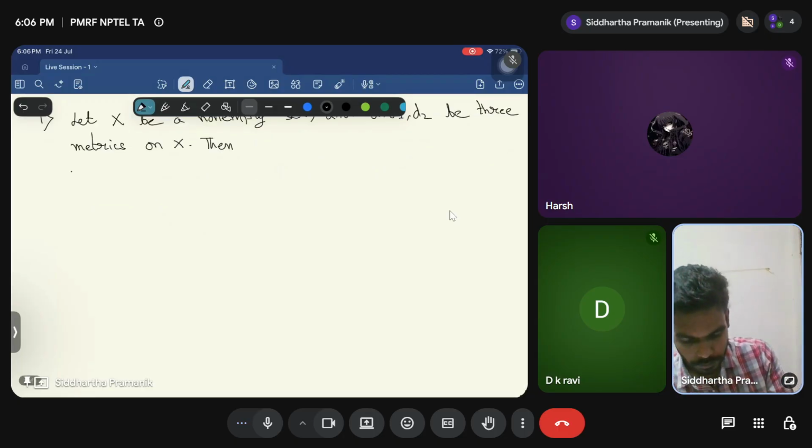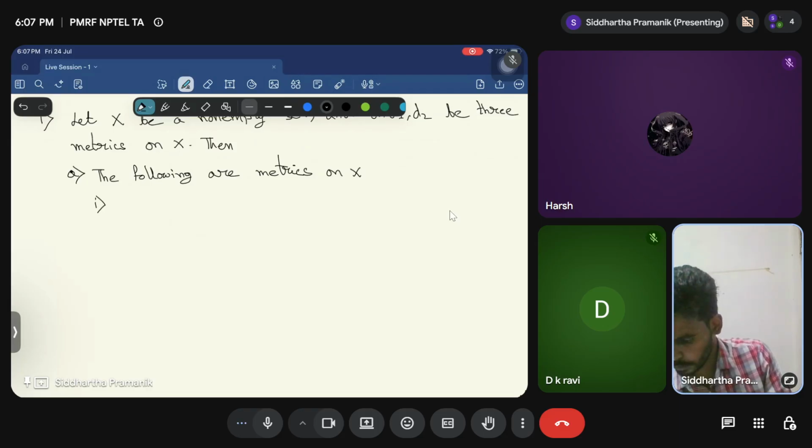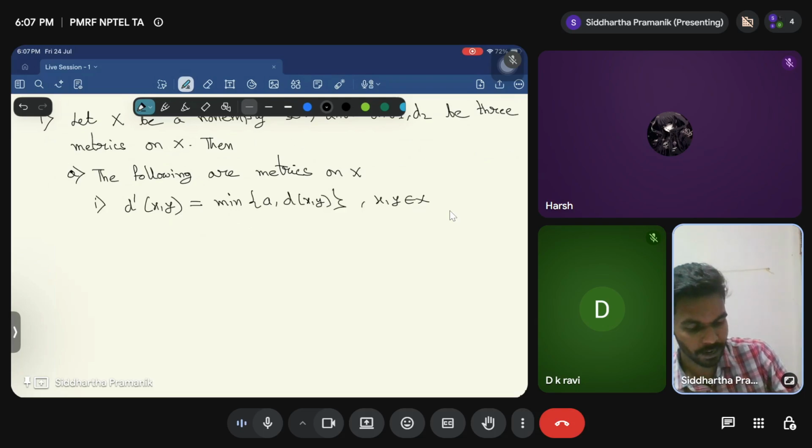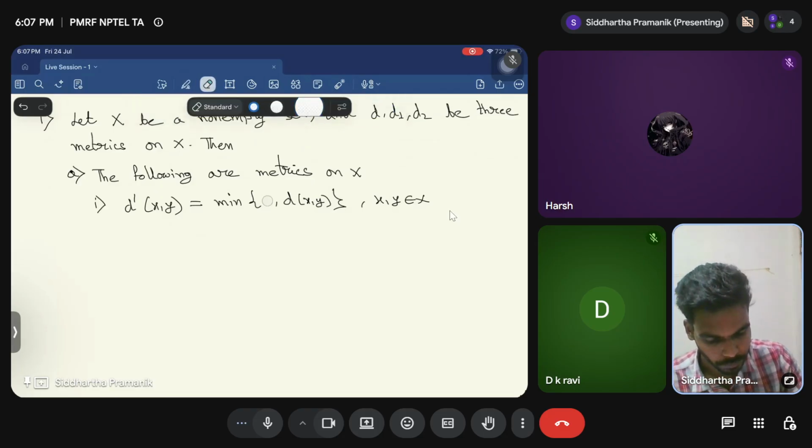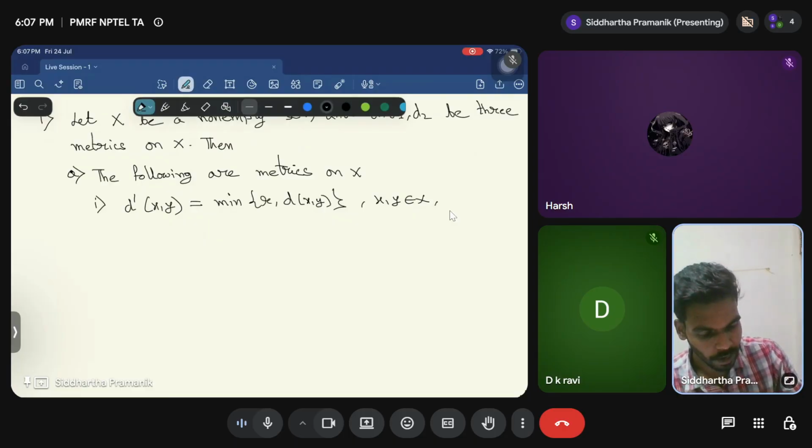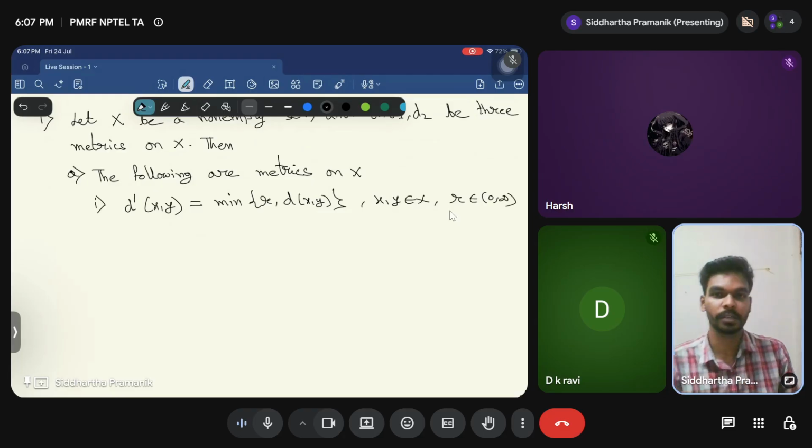The first thing is, let me say this is A. The following are metrics on X. The first one is, let's say d prime of x comma y, defined as minimum of r comma d of x y, where x comma y belongs to X and r belongs to the open interval 0 to infinity, some fixed real number.